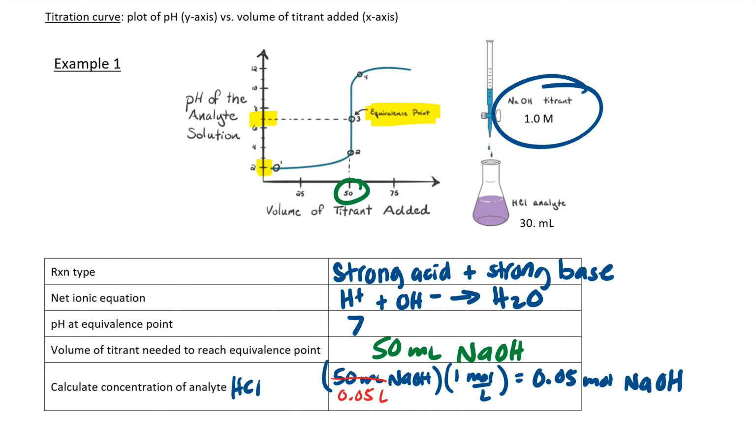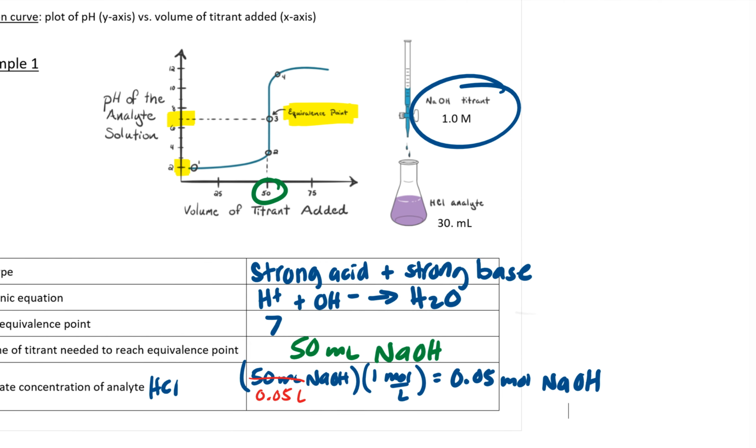Okay. Looking at your balanced equation, for every 1 mole of sodium hydroxide, there's 1 mole of hydrochloric acid reacting. So it's a 1-to-1 ratio. This is the lovely thing about acid-base reactions. Stoichiometry is always 1-to-1. So if our moles of sodium hydroxide is 0.05, therefore the moles of hydrochloric acid is also 0.05 moles.